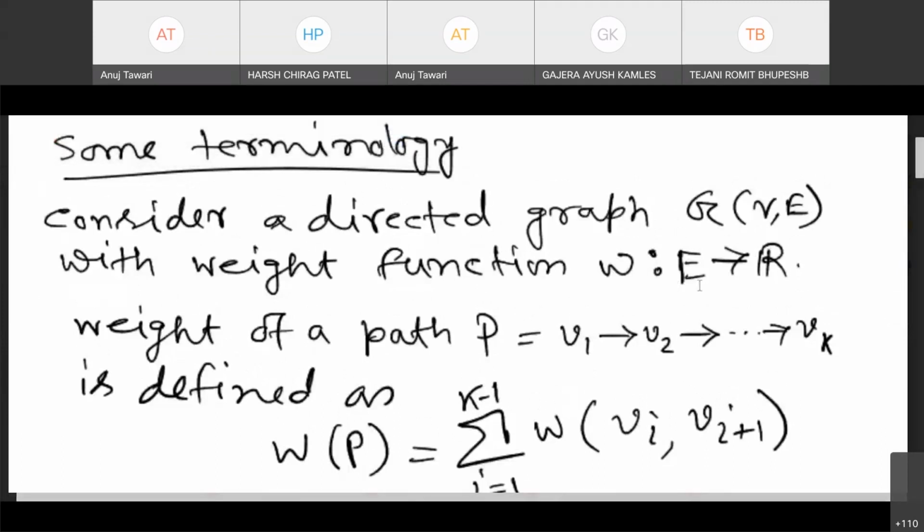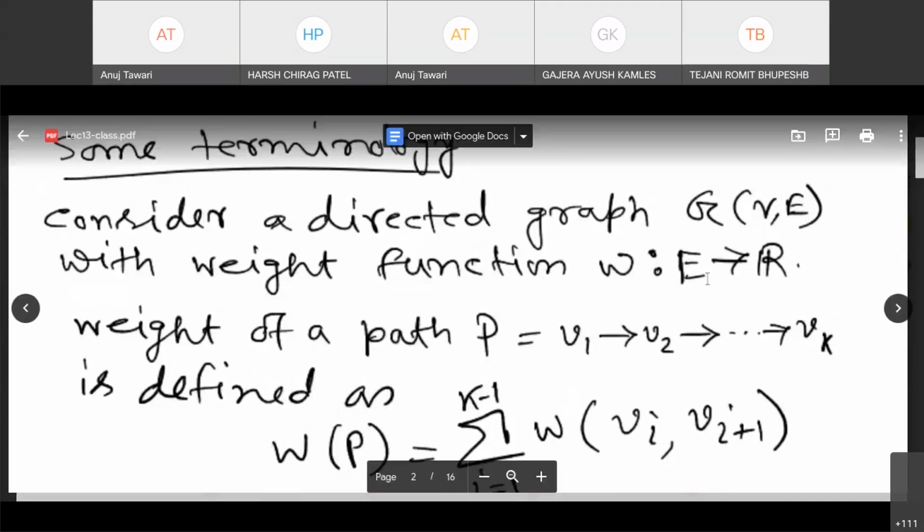Every edge has a mapping from the set of edges to the set of real numbers. In some cases, the graphs are simple, like the edge weights are only integral, and you possibly have simpler algorithms. But let's assume that you are given some real weighted graph.